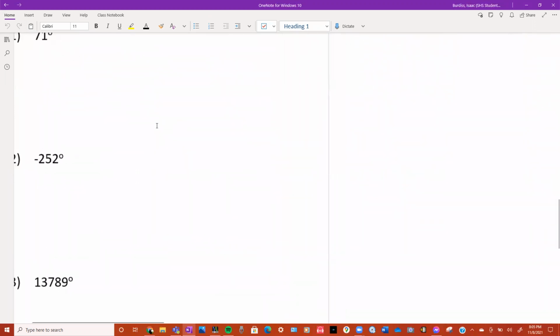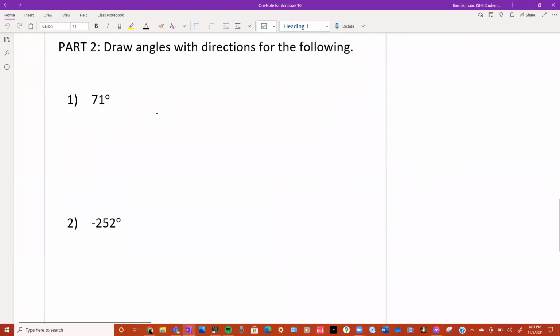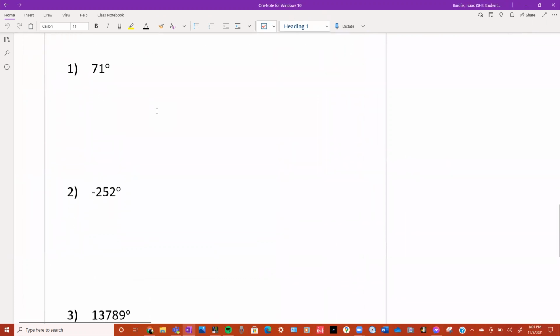Okay. So we just did looking at an angle and then saying the measure. What about if you have the measure and then you need to show what it looks like? Number one is 71 degrees. Let's just draw our X and Y axes.